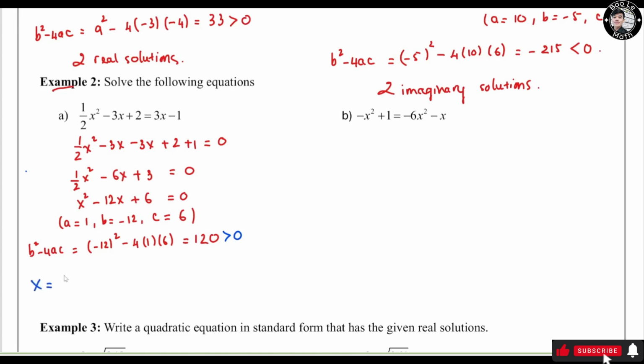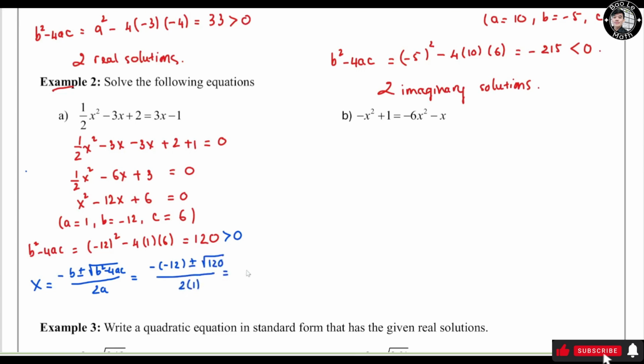It's going to be s equals negative b plus or minus the square root of b squared minus 4ac, divided by 2a. So it's going to be negative of negative 12 plus or minus square root of 120, divided by 2 times 1.